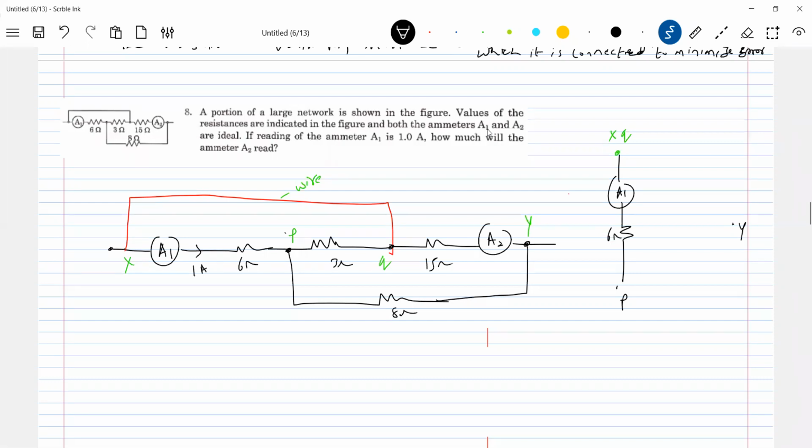Between P and Y, an 8 ohm resistor. Between Q and Y, then again between X and P, between P and Q, a 3 ohm resistor is there. So this will be it.